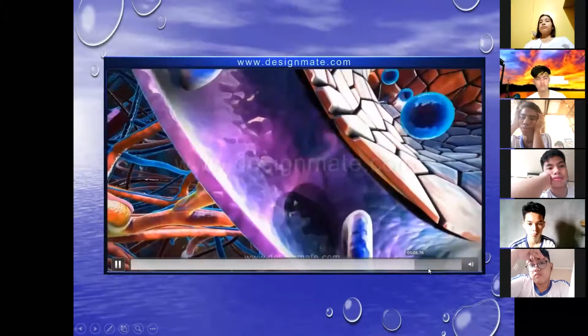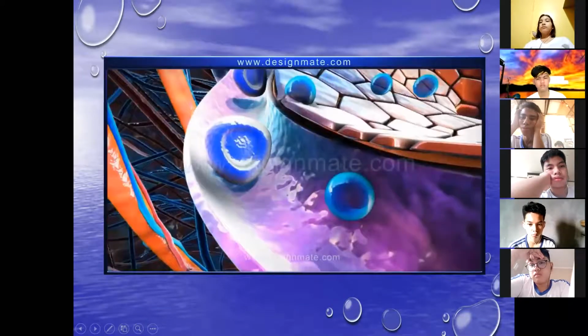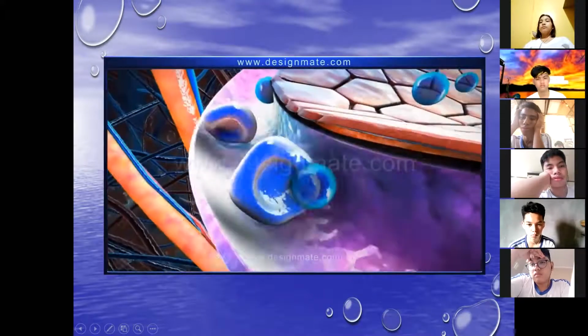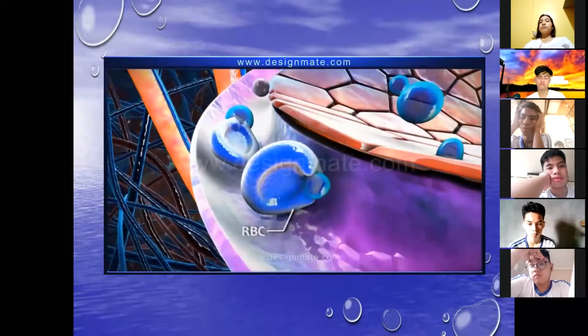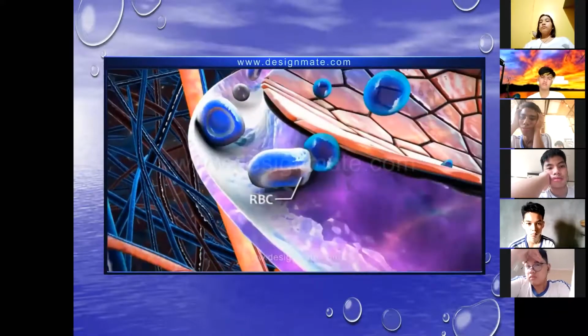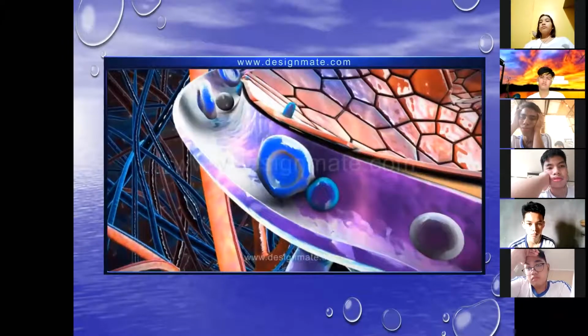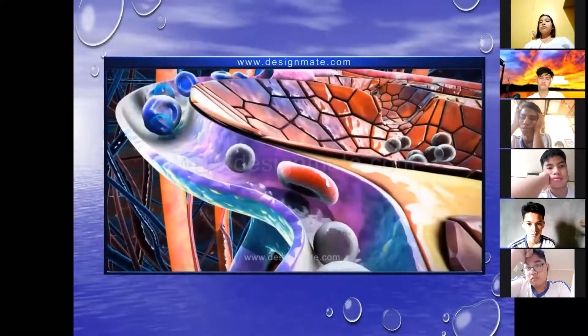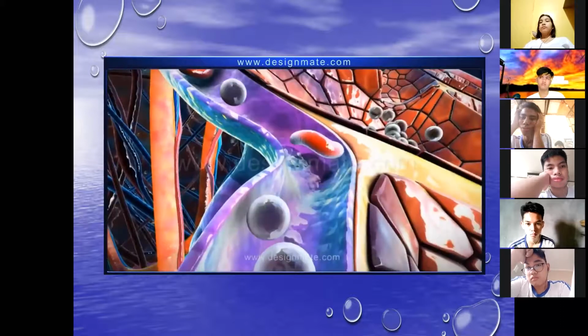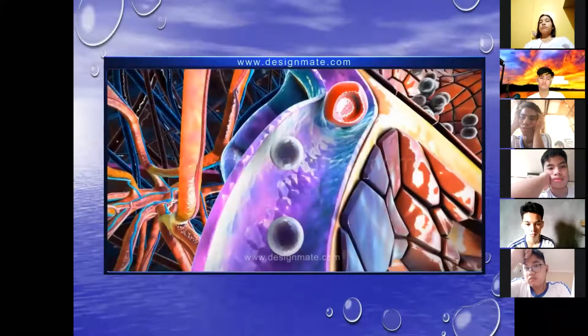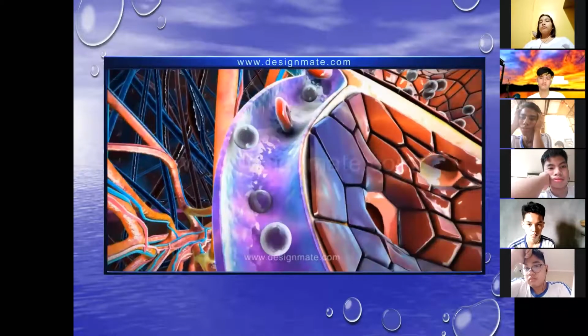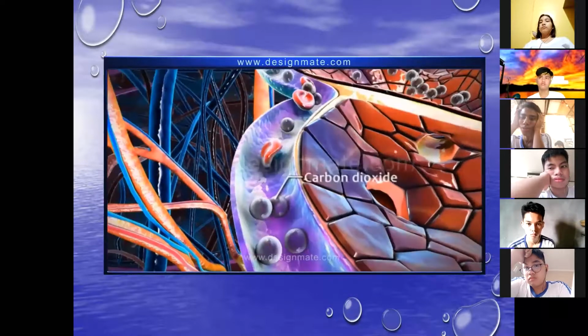Oxygen molecules from the alveolus diffuse into the capillary. This causes oxygenation of the RBCs. The carbon dioxide molecules are released into the alveolus.